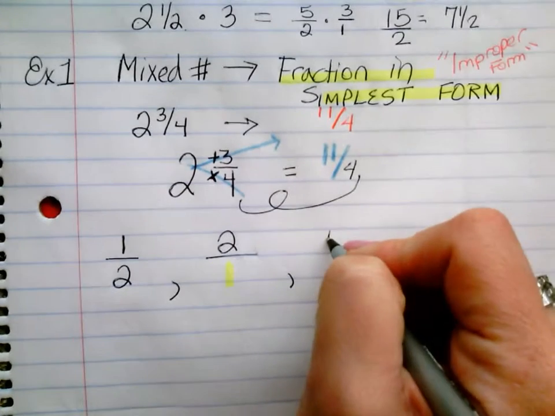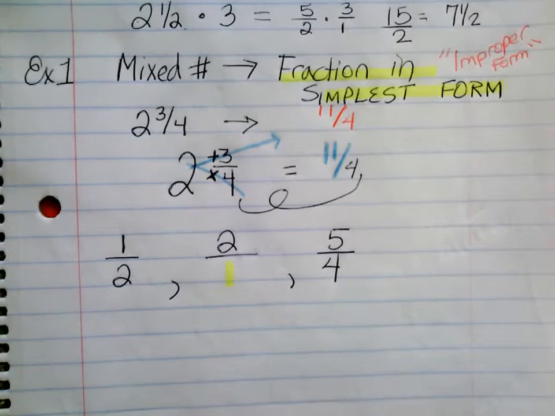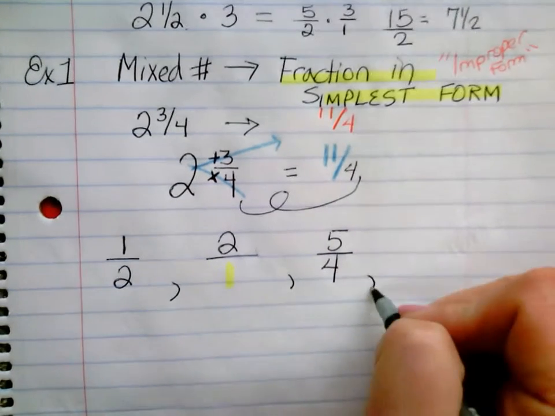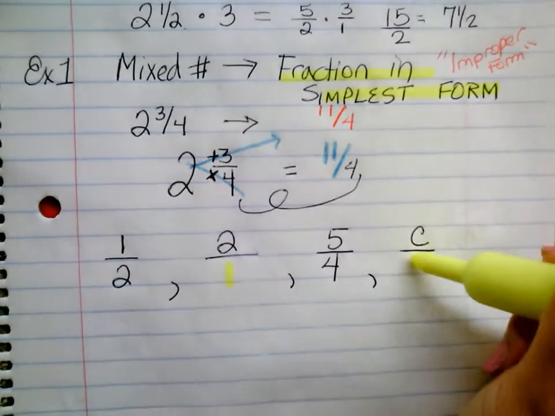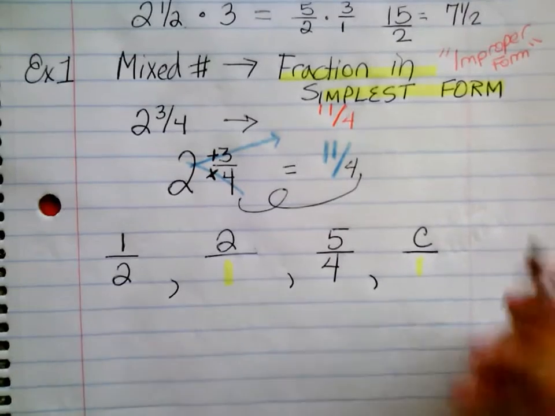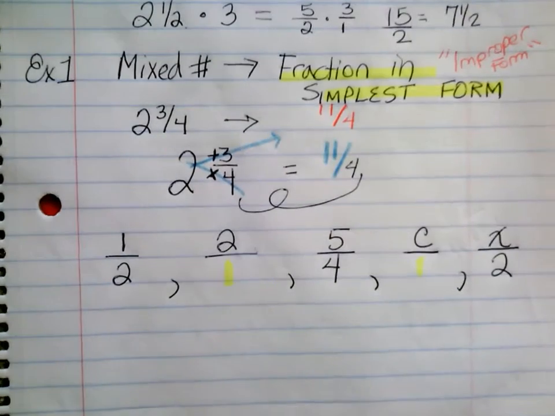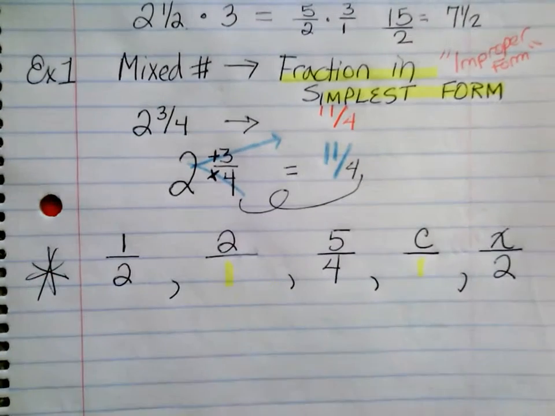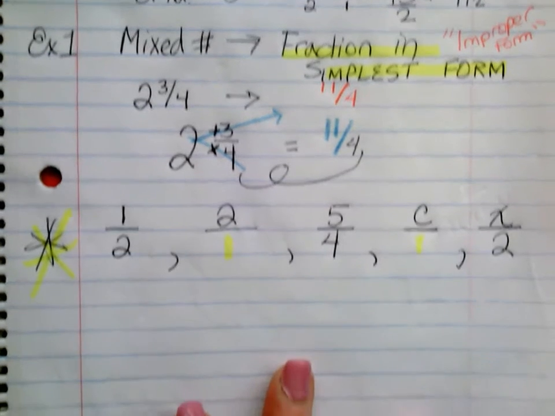Or maybe 5/4 is another example of a fraction in simplest form, okay? C over 1. Now we're getting variables involved, okay? X over 2. Okay, so these are just some examples of what fractions in simplest form might look like. Okay?